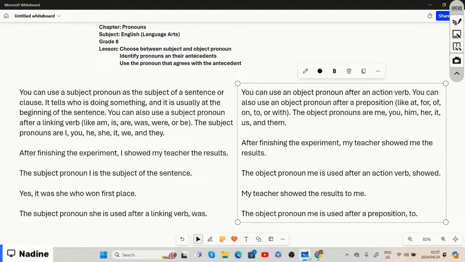All right. So when it comes to pronouns, you can use a subject pronoun as the subject of a sentence or a clause.